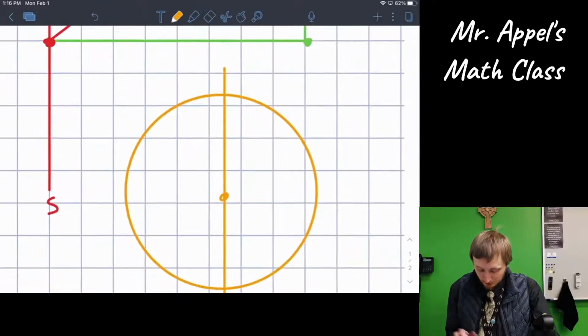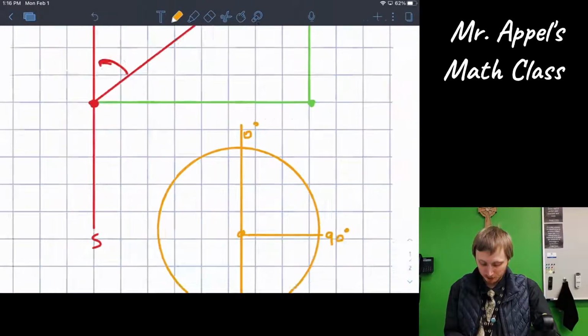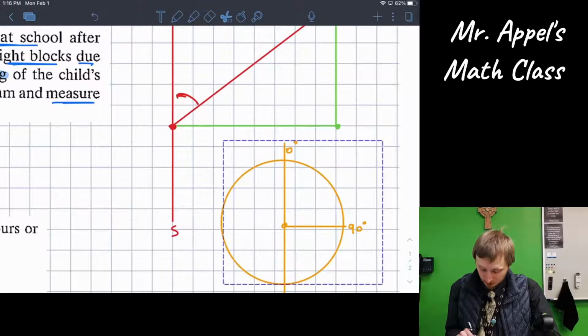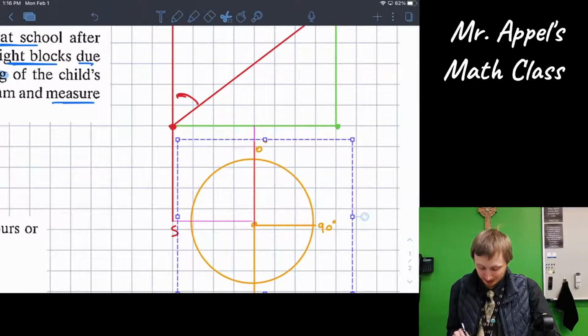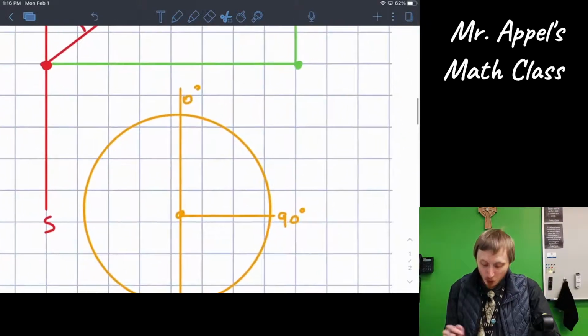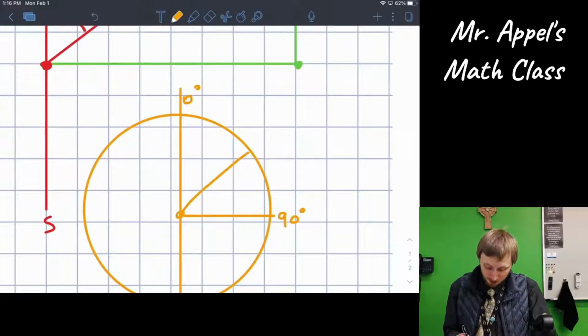Okay, and so I know right here would be 0 degrees, and straight across here would be 90 degrees. I can at least see that, yes, in fact, this will be an acute angle. It is between 0 and 90. Exactly how much? That's what we've got to find. There is only one good thing I can do with this.